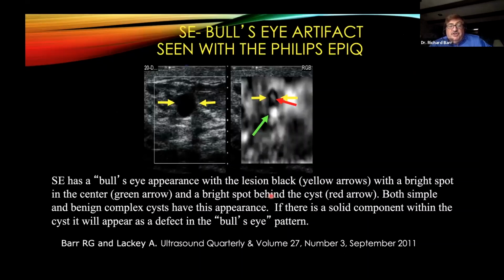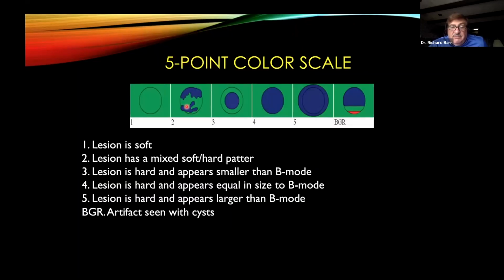Another interesting feature that occurs with the Philips machine is something I call the bullseye artifact. And it is cystic lesions. Benign cystic lesions show a black outer rim, a white inner dot, and a white distal dot. And we need all of these components to be able to call this. And we've seen this artifact in what we thought were simple cysts, complicated cysts, as well as some solid masses.